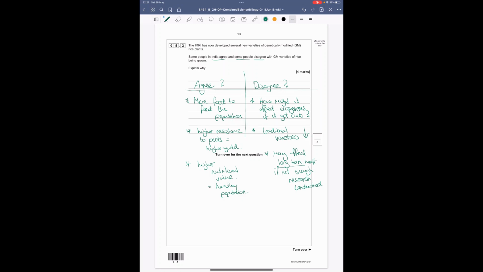Okay, I'm sure there would have been short-term research, but scientists may not have been able to do a 10-20 year study of the impact of eating these GM crops.